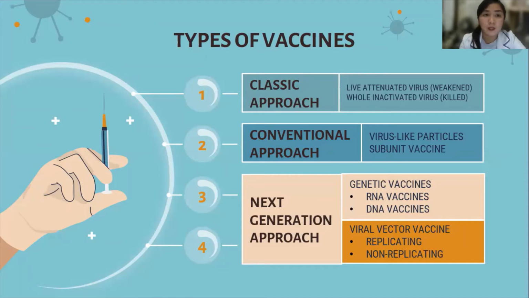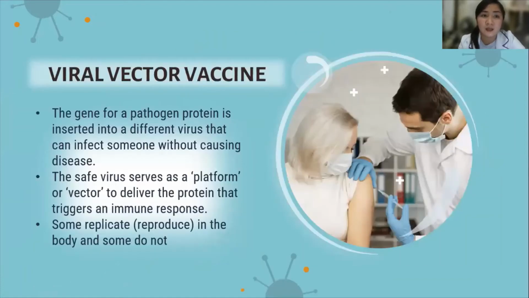But before we proceed to our main topic, let's discuss first what viral vector vaccines are and how they work. Viral vector vaccines are a newer technology using harmless viruses to deliver the genetic code of the antigen to the cells of our bodies so that they can produce protein antigens to stimulate an immune response.